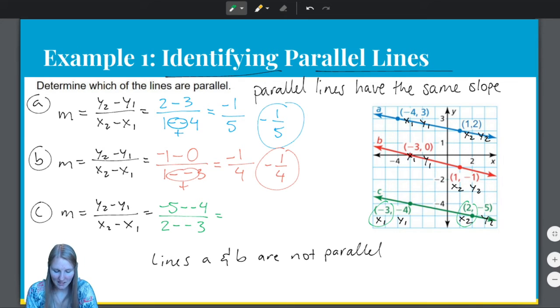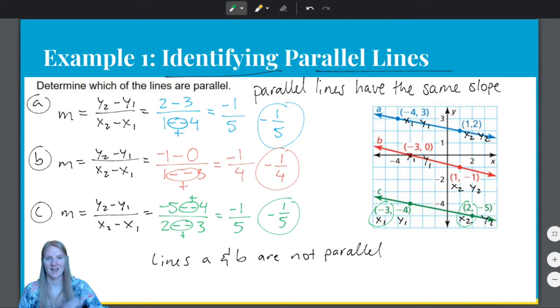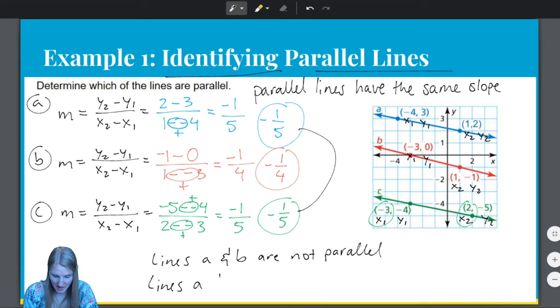So, negative 5 minus a negative 4 is negative 5 plus 4, which is negative 1, divided by 2 minus a negative 3. 2 plus 3 is 5. So the slope of the green line is negative 1/5. Hey! That's the same as the blue line. So lines A and C are parallel.